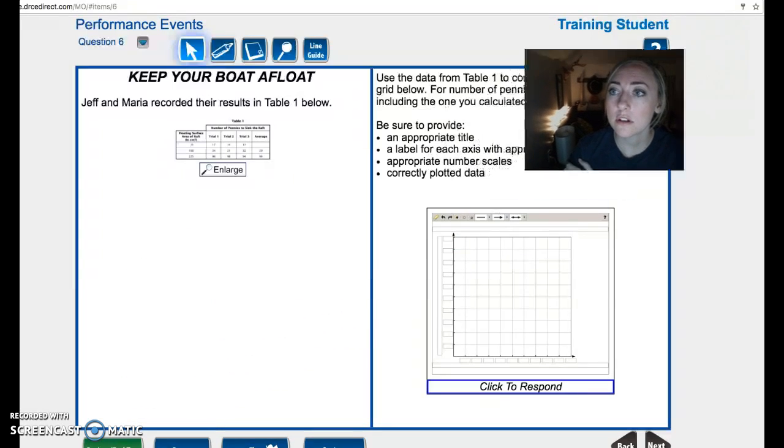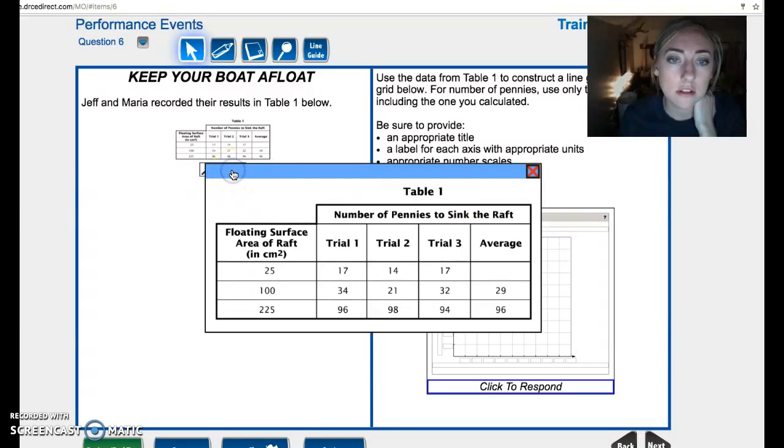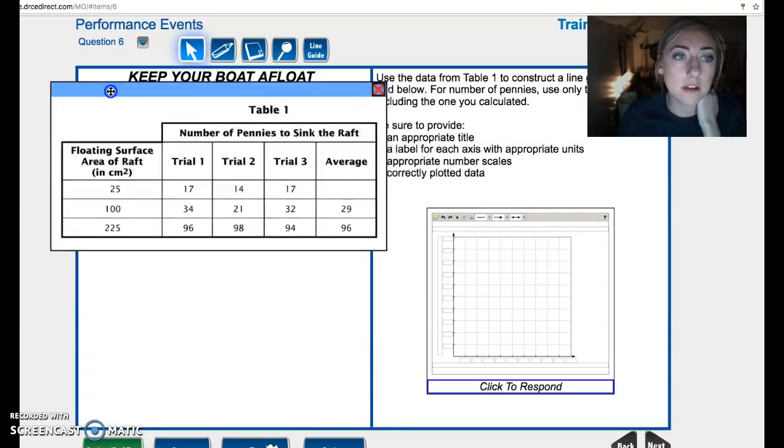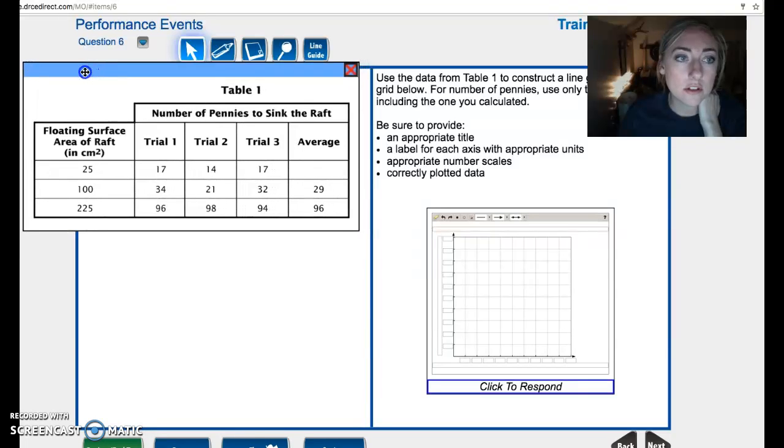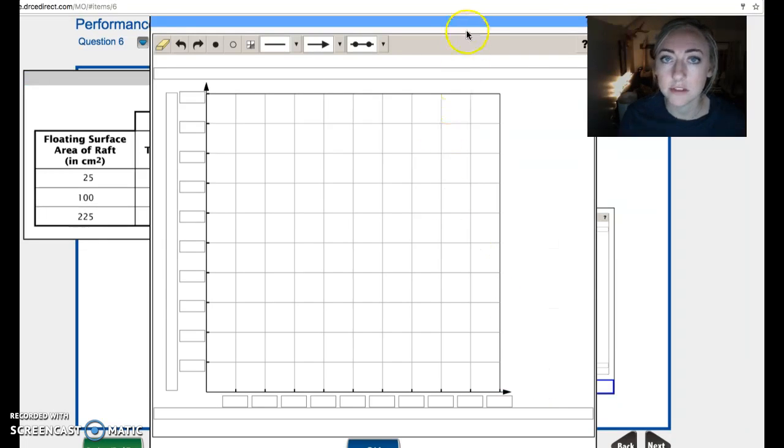So I'm going to go through this practice that it gives you, and then you all on your own will take the data table that was on the bottom of your Do Now, and you will be graphing that data table. So first of all, you can click Enlarge here, hopefully, and then it'll bring up your data table. And if you want to keep it open, you can just keep it and kind of drag it to any part of your screen. And then you click to respond here.